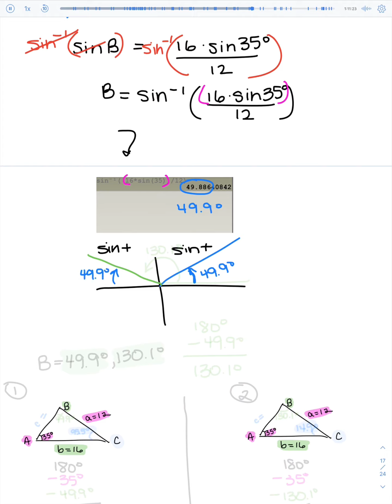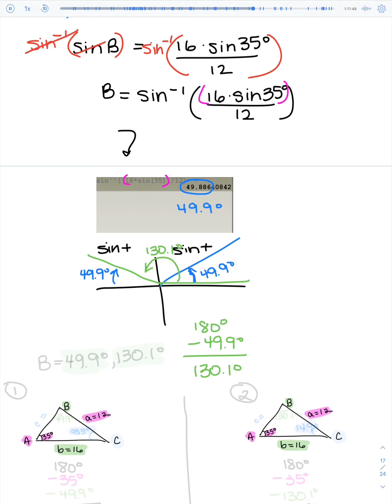Its real angle, though, remember, starts at the x-axis and works its way around, which would be 180 minus the 49.9 degrees, which is 130.1 degrees.